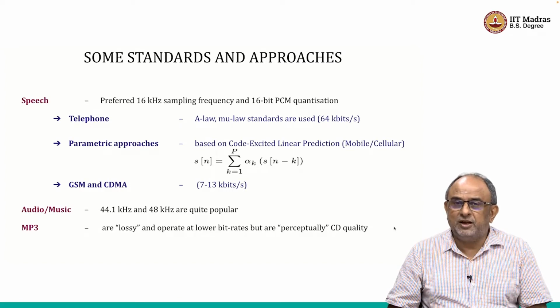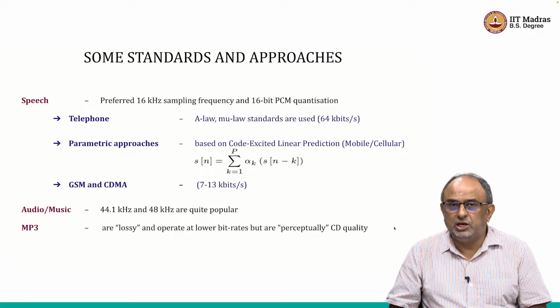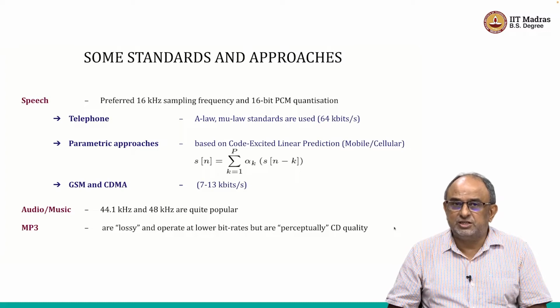So MP3 players achieve what's called CD quality. For a human listener, it sounds as good as a typical 48 or 44.1 standard, but it uses far less bit rate by exploiting the deficiencies of the ear: certain things the ear cannot sense anyway, so we throw away all that information.